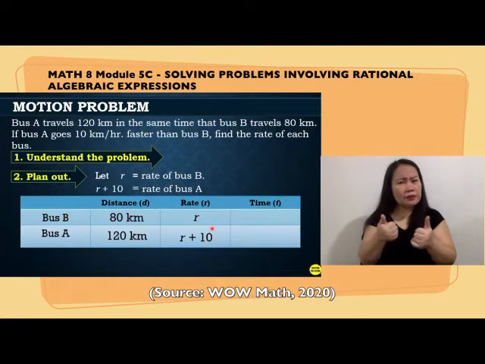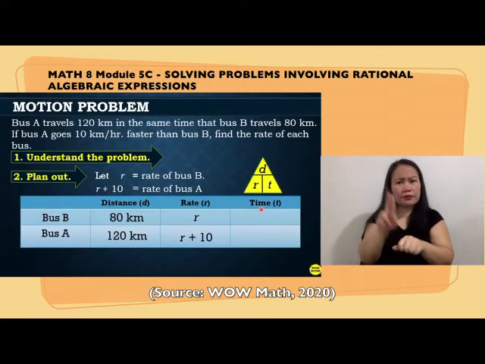Now, how are we going to represent the time? So, paano natin i-represent ang time? Now, use this triangle formula. Ito ay pwede nyo magamit when we are getting the distance, rate, and time. If you're looking for the distance, then rate times time.